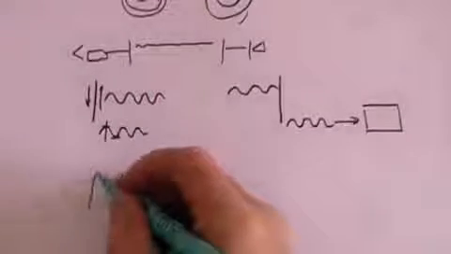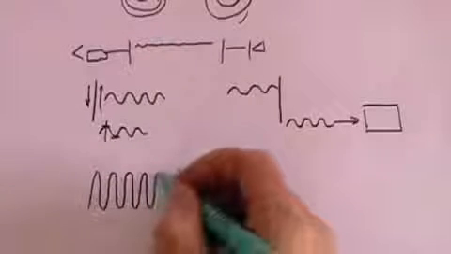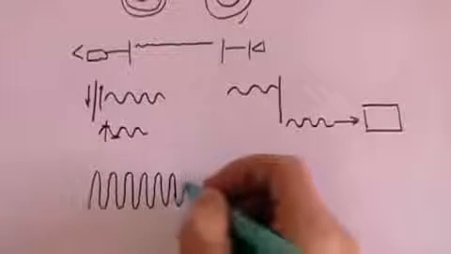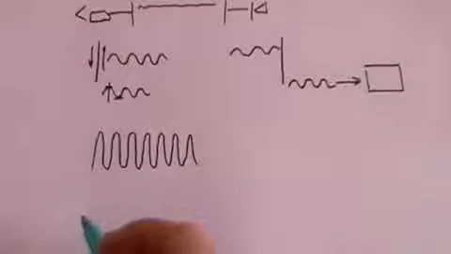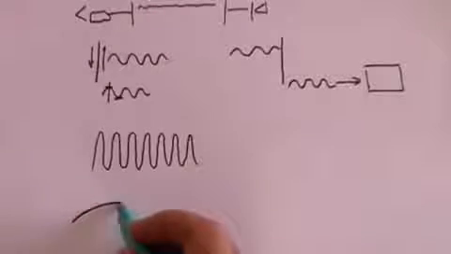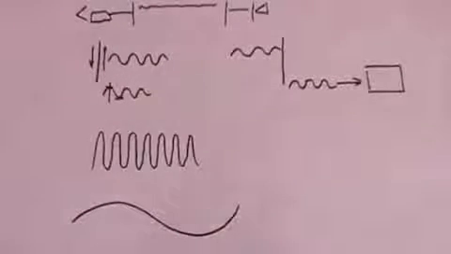So you might have a carrier wave, which is simply a generated alternating voltage that looks like that. And then you might have your sound wave, which will be much lower frequency, larger wavelength, that looks something like that.